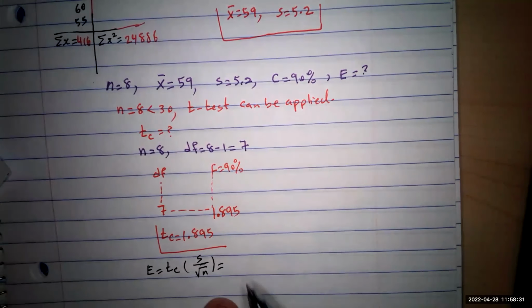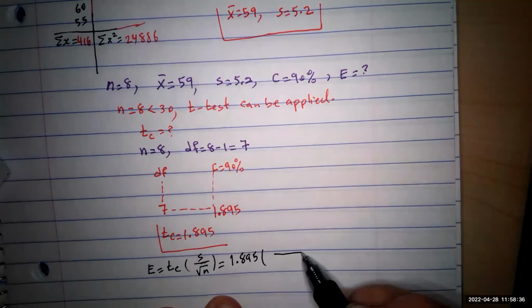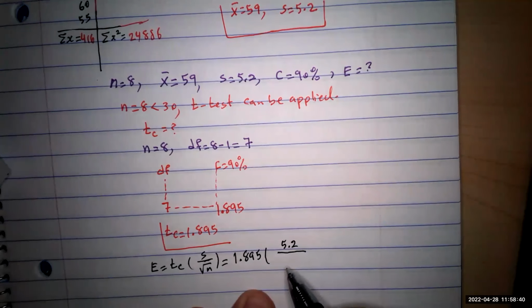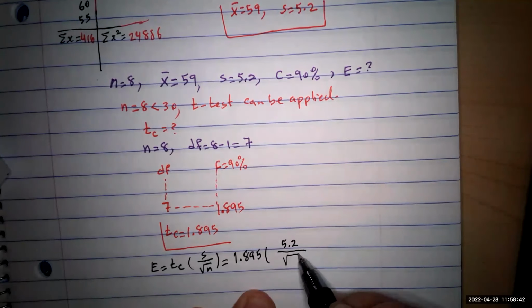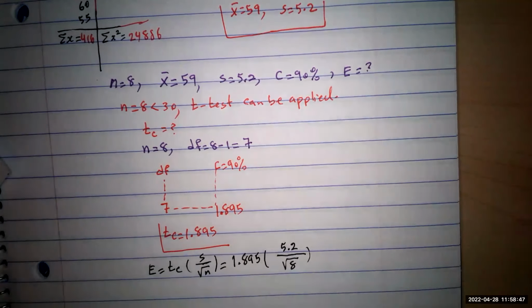We substitute the TC of 1.895 times the S of 5.2 divided by radical N, which is going to be radical 8. Okay, use your calculator to get this one.